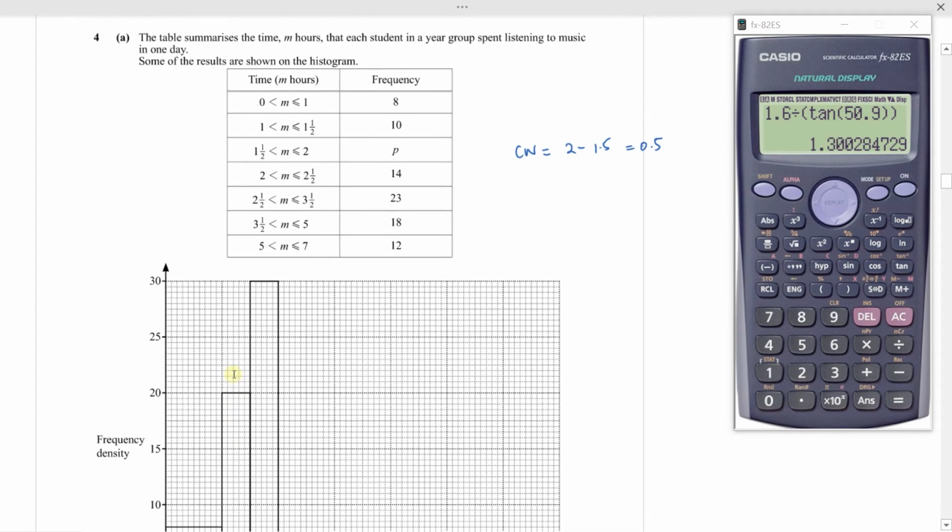To complete the histogram, I will need to add another column here for frequency density, because we have frequency density on the y-axis of the histogram. Frequency density is basically frequency divided by class width.